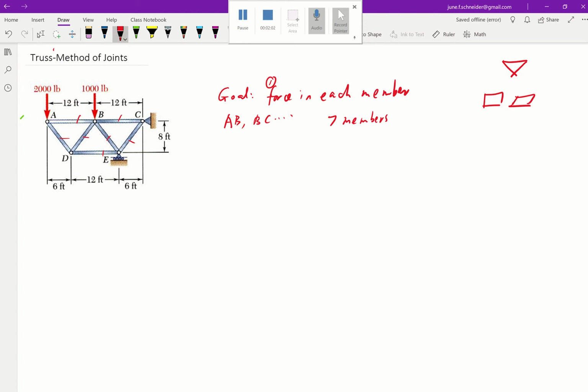Now, if we look at each member individually, for example AB, each member is actually called an axial member.